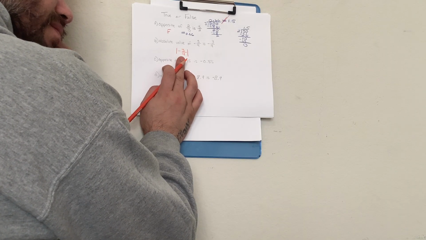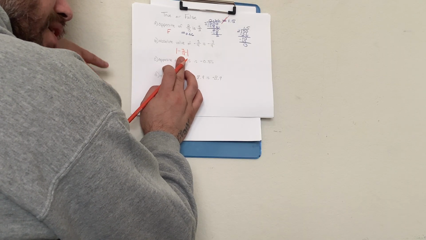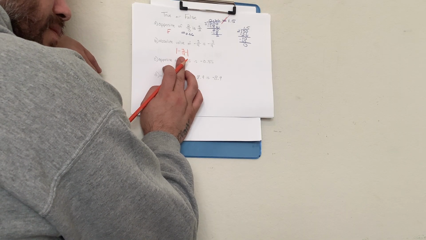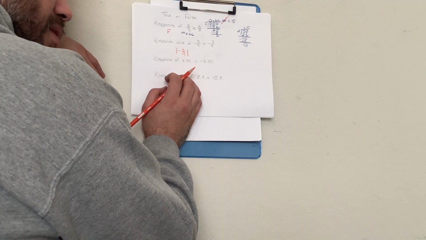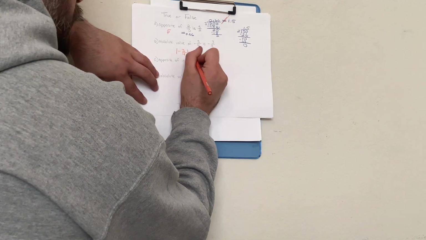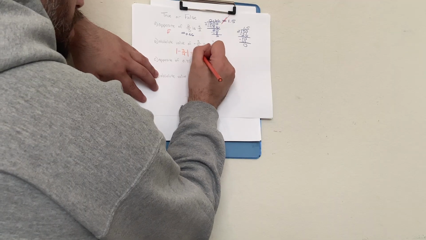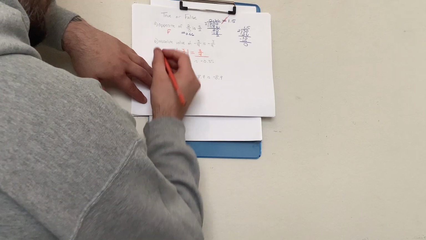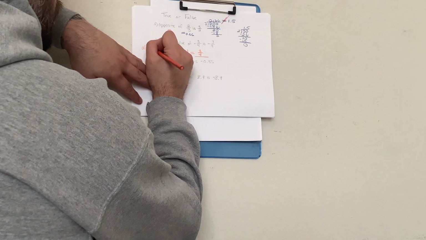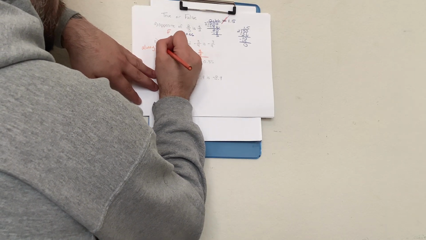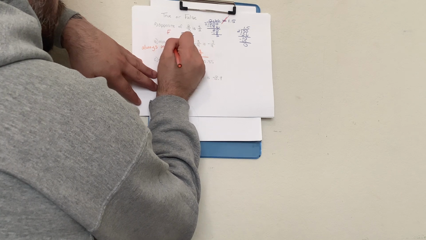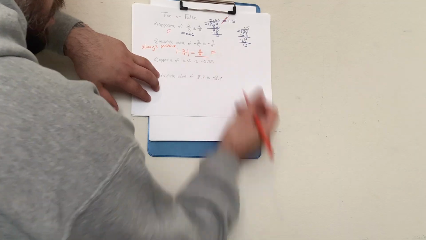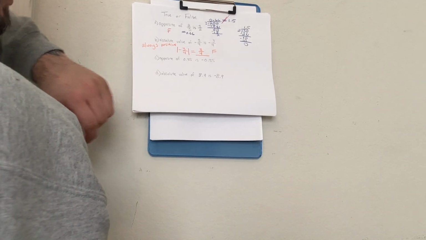Well, this fraction is only 3/4 away from 0. It cannot be negative 3/4 away from 0, even though it has a negative value. So the absolute value of this particular number is literally just 3/4. Absolute value, always positive. Okay? This is false. Sorry, it's false.